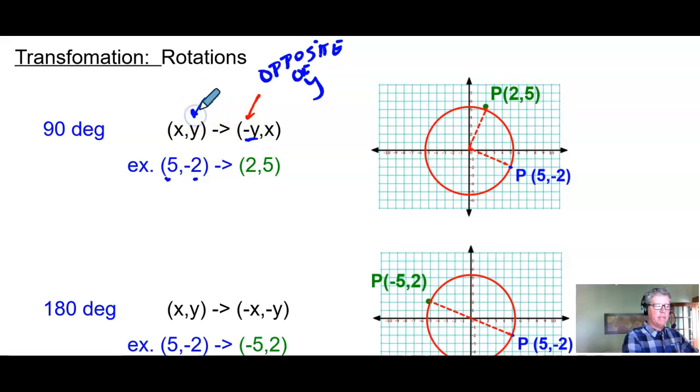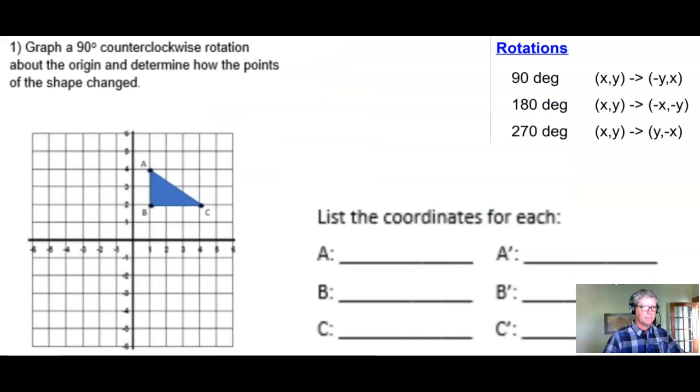That is -2. So the opposite of -2 is +2. And then to get the second coordinate, it says go look at what is in the x coordinate, and that is a 5. So that just becomes 5. So I go graph the point 2, 5, I get that, and it does indeed turn out to be a 90 degree. Let's do some examples.